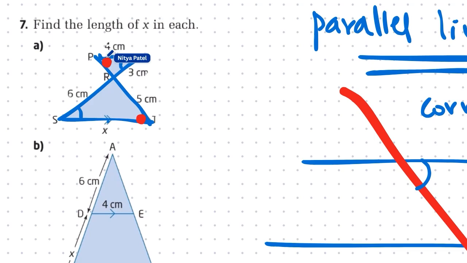What do we need to look at? How can we check that? First, write a statement. If two triangles are similar or not, there are certain conditions.